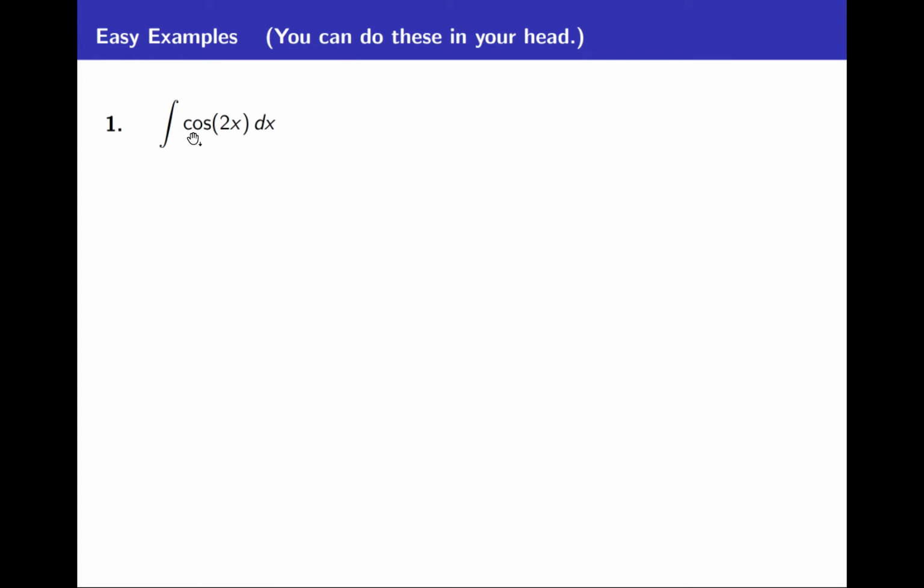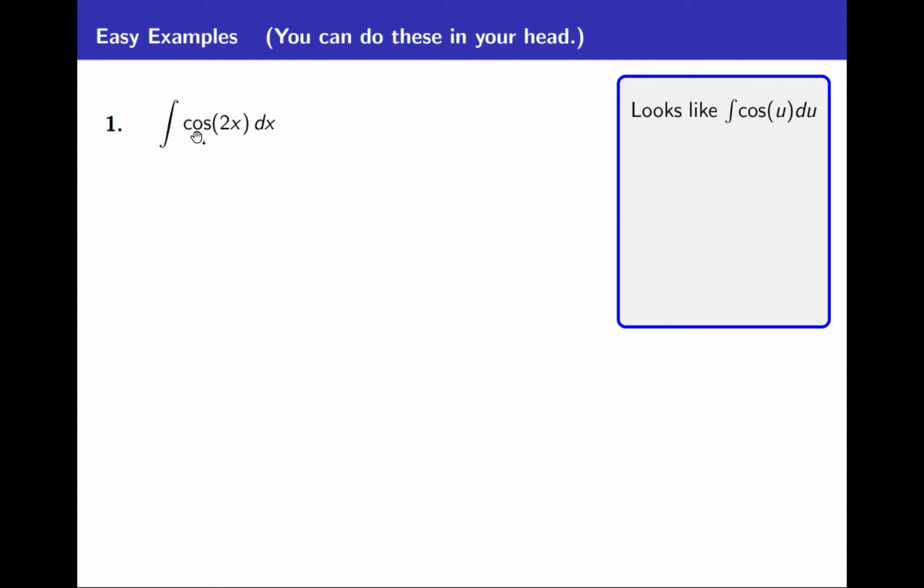And that doesn't match what you have here. It's cosine of 2x. And you then correct by multiplying by 1/2. So you'd get the answer to be 1/2 sine of 2x plus c. And so you can pretty much figure that out in your head just by kind of trial and error. But I want to do this with substitution.